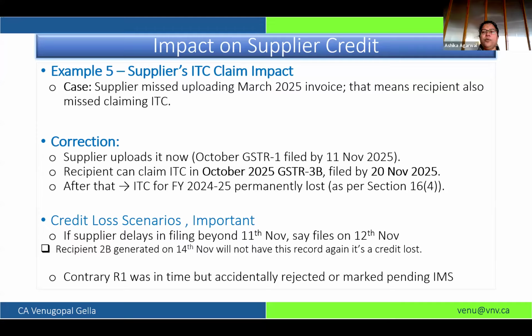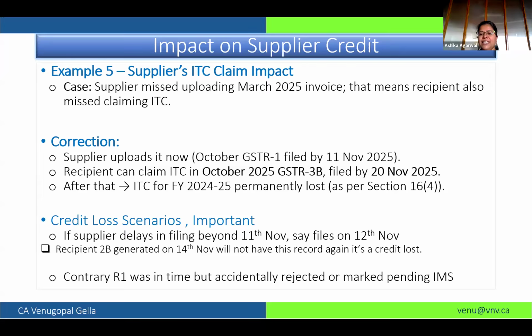So based on your reporting in October relating to 24-25, the recipient will also be eligible to claim the ITC. But if you miss doing the correction while filing October month, there will be a loss to the recipient because the time limit to avail the ITC will be over, and whatever taxes they have paid to you will not be eligible as ITC for them.